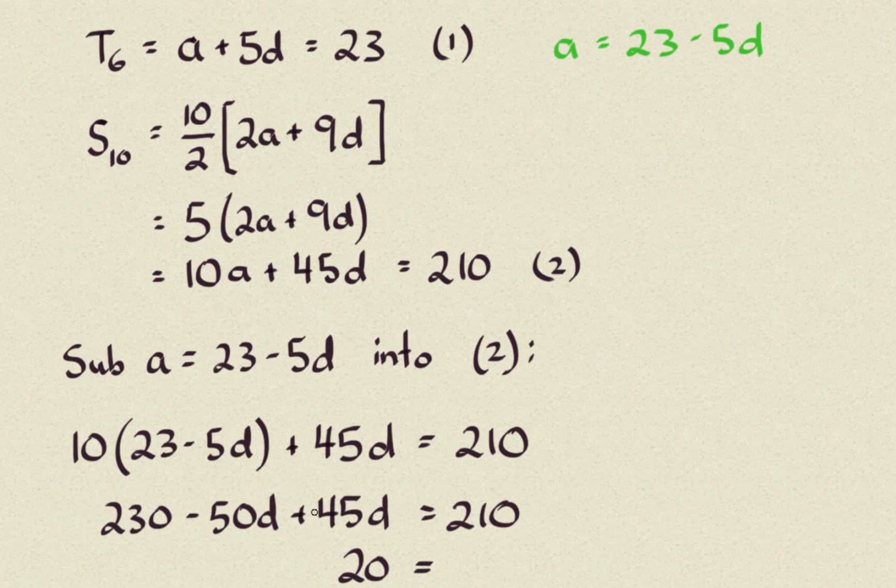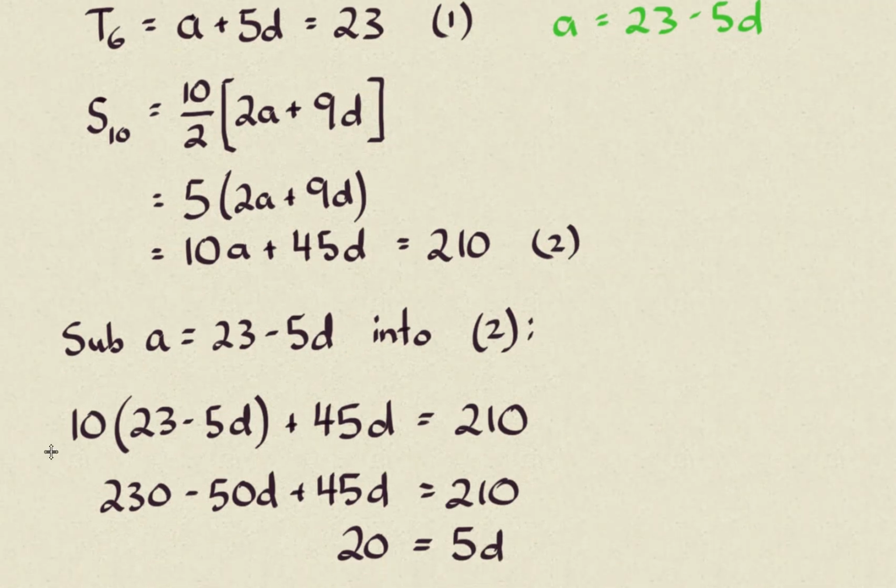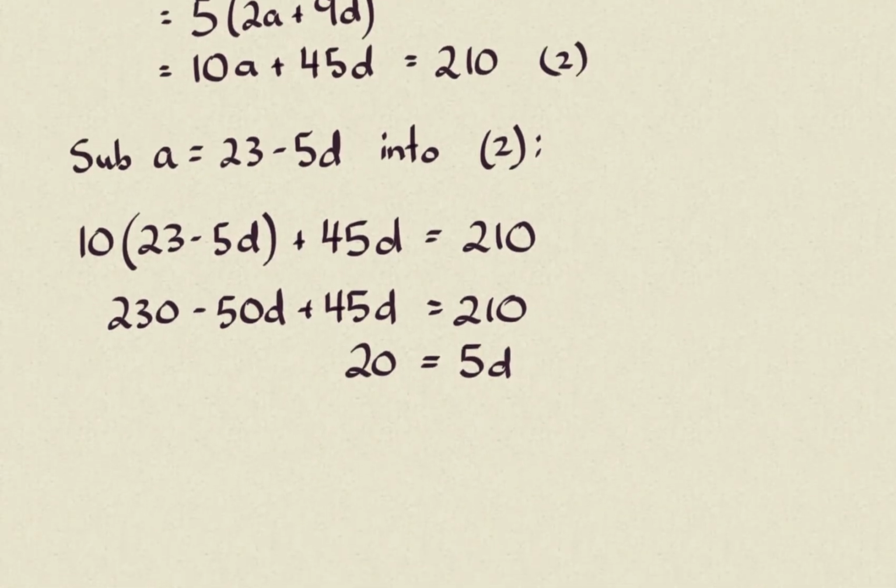And minus 50d plus 45d, well, that's minus 5d, and I'm going to plus that to both sides, so we get 5d over here on the right. Now we can see that d is equal to 4 when we divide through by 5, so d is equal to 4.